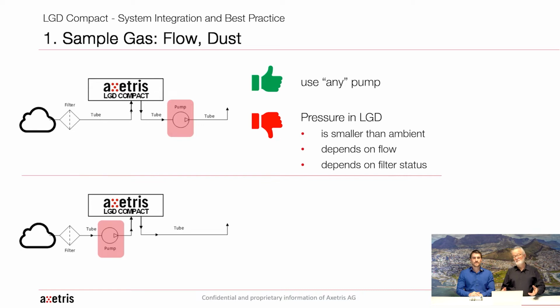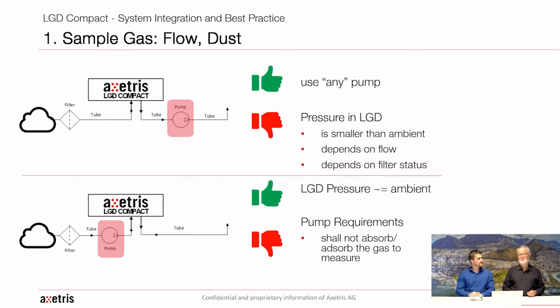And when you have the pump on the other side of the LGD Compact, then you have no troubles with the pressure because it's always at ambient. But the pump has to be a better pump. You have to take care about absorption and adsorption of the gas in the pump. Otherwise, you will run into problems.